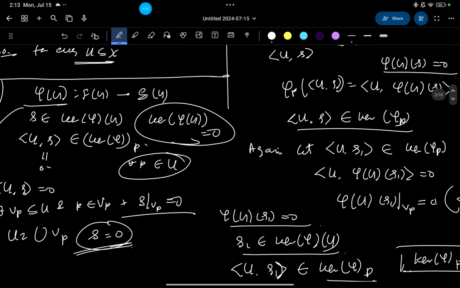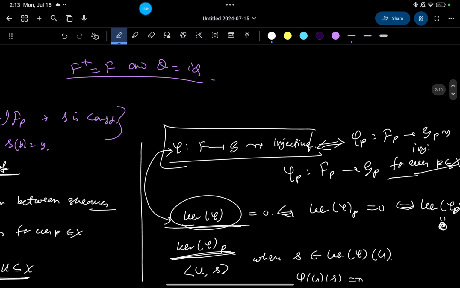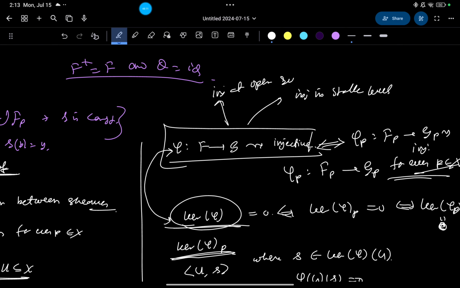So if phi is injective, it is injective at the stalk level as well as at the open set level.